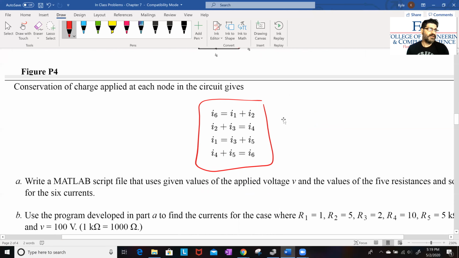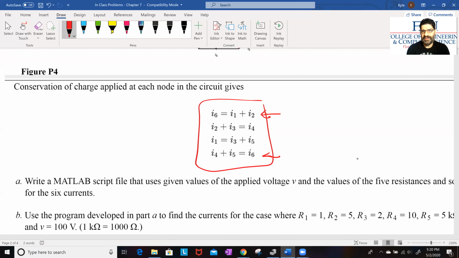And as far as I6, we can use either of these equations. Remember, if you find I1, I2, I3, I4, and I5, you can use this equation, for example, to find I6. And the same is true, you can use this equation to find I6.